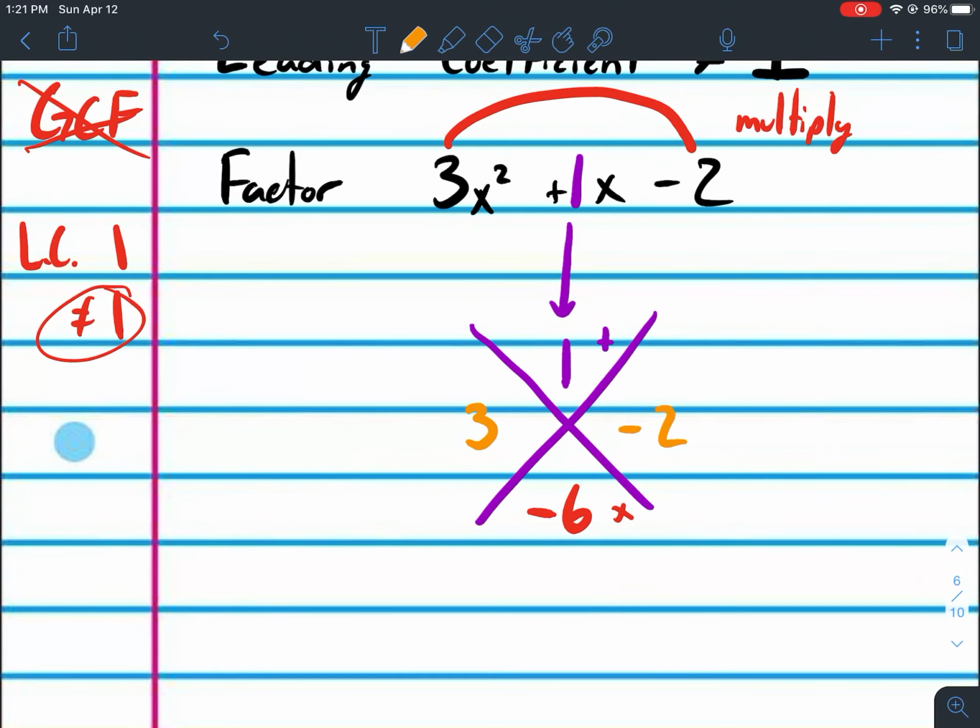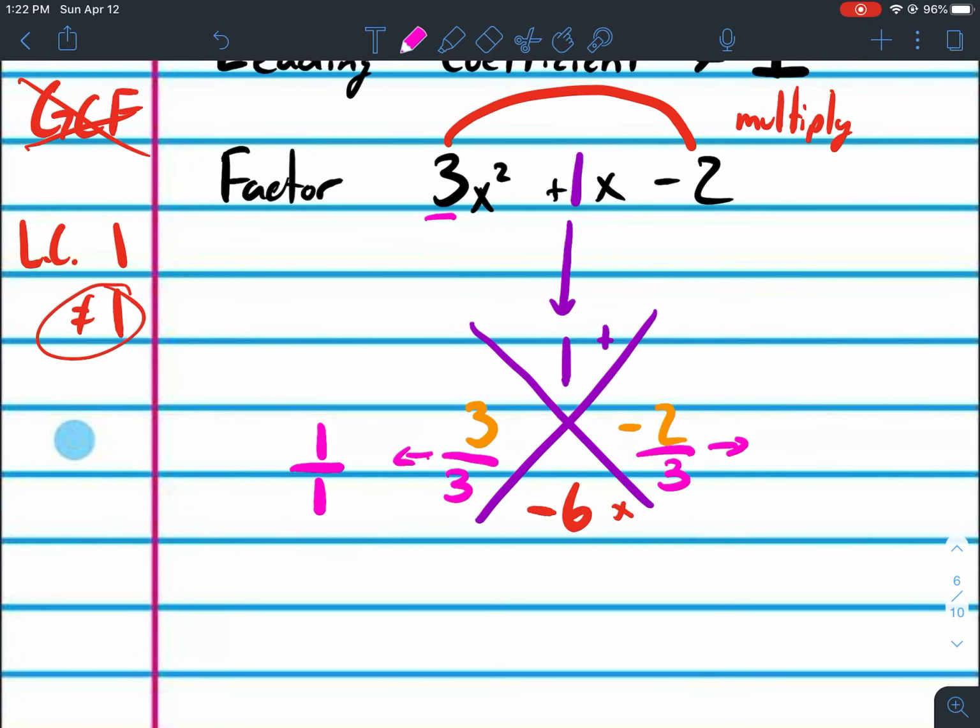Right here, we're going to take my leading coefficient and put it underneath both of these terms. And then we are going to simplify both of them as much as we can. So 3 over 3 can simplify to 1 over 1. That's simplified. -2 over 3 can't be simplified. It stays -2 over 3.